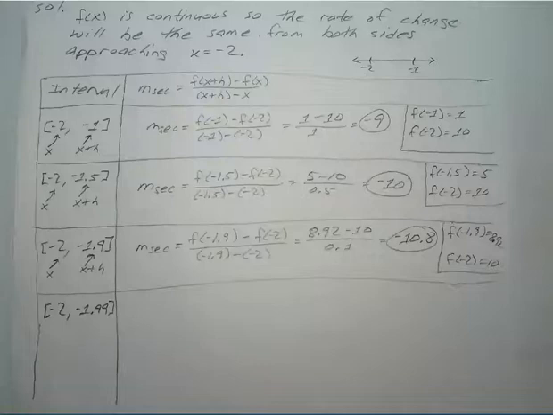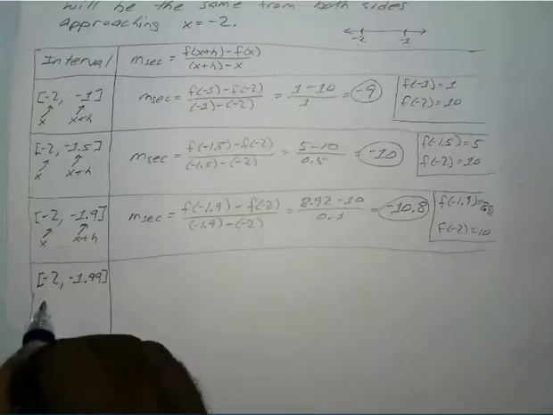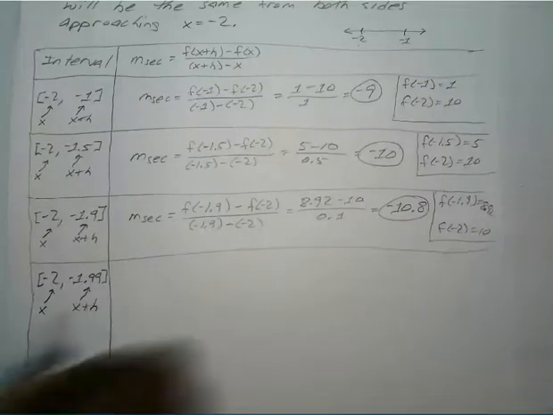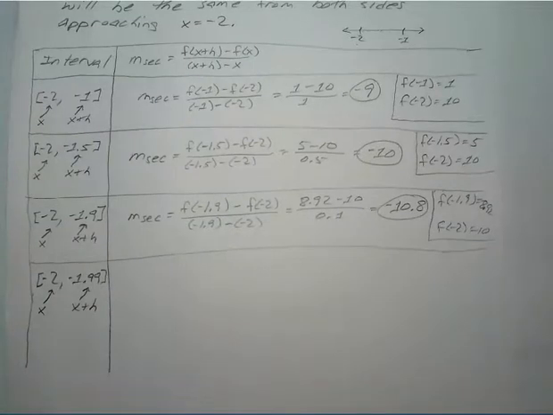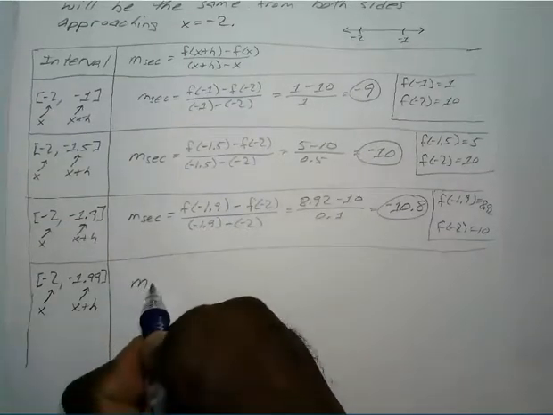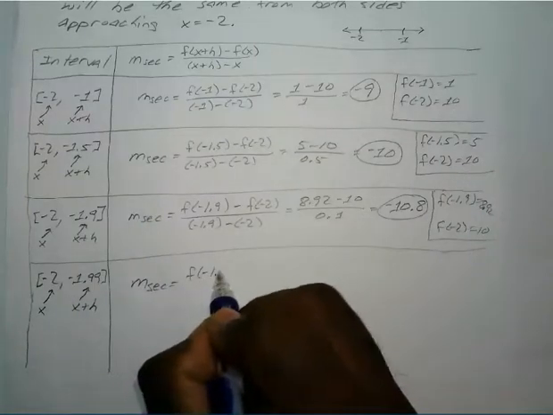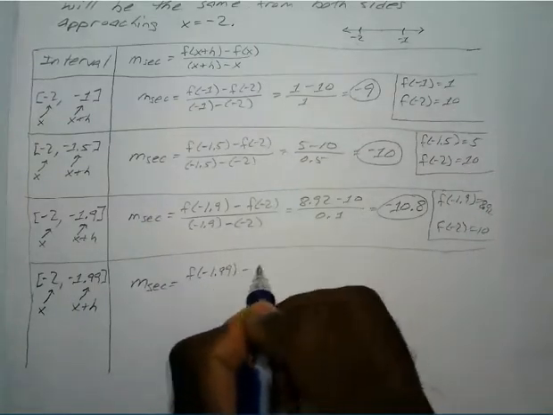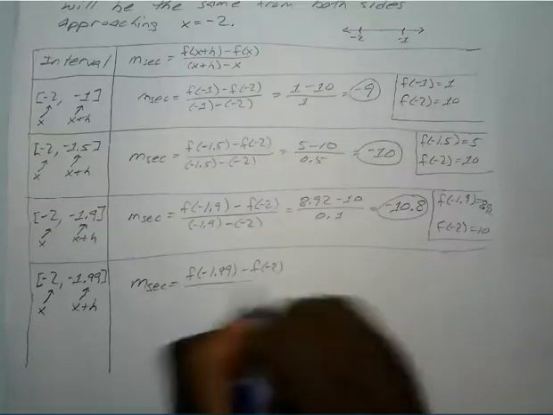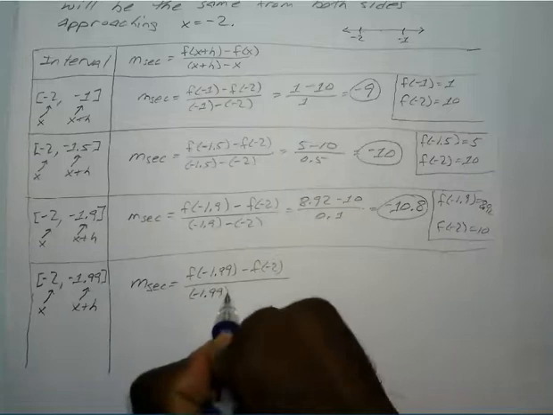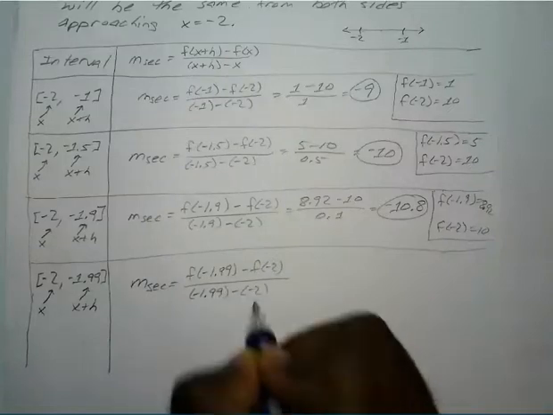Alright. So we're going to go ahead and figure out our last interval, where this is our x and this is our x plus h. Okay, so we have f of negative 1.99 minus f of negative 2 all over negative 1.99 minus negative 2.